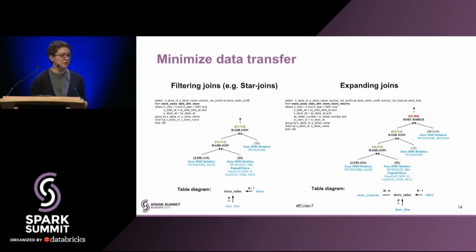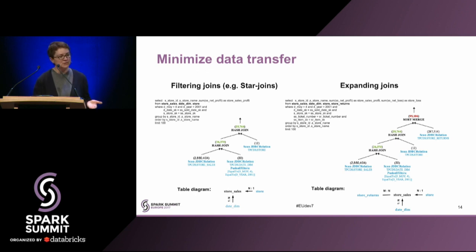In the case of a filtering join, we observe a one-to-one join among store sales and the other tables. That means that the join will match a row from store sales with at most one row from the other tables. In the case of an expanding join, the table diagram shows an M to N relationship between store sales and store returns, which means that a row from store sales might match more than one row from store returns.